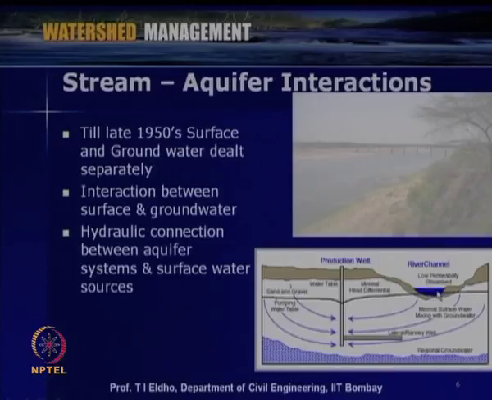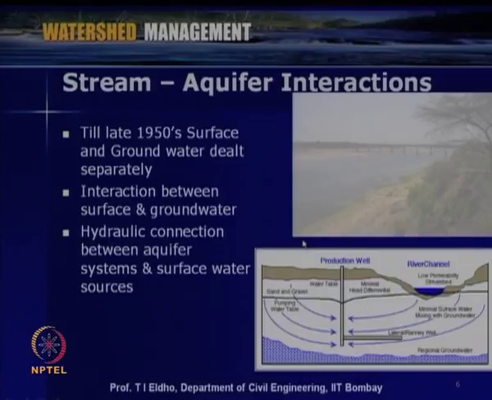In this figure you can see a river channel, here is the aquifer system, and there is a well here. If we keep on pumping in this well, the water available is not only in this aquifer, but water will also be recharged through this river channel and come to the production well.